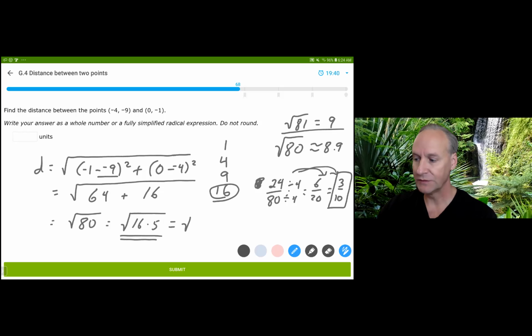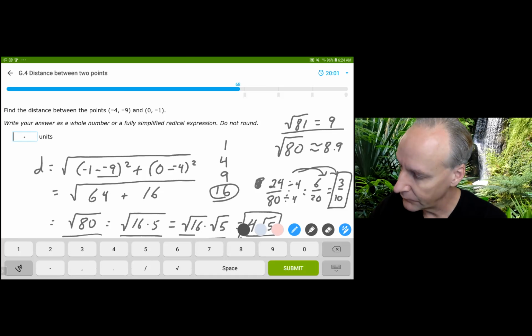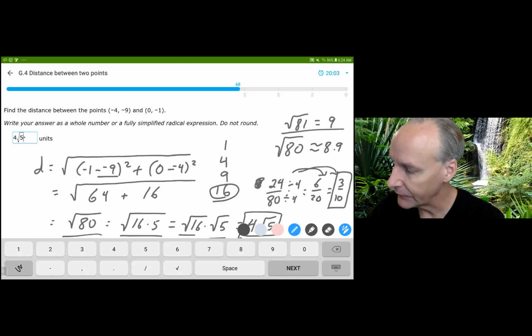This step, most people are going to take out right away. And again, this is one of those steps that some people are going to need for a while, and then eventually they're going to get rid of it. And then that's going to be 4 root 5. That's 4 times the square root of 5, which is the same as the square root of 80. So we're going to put it in. 4 square root of 5.